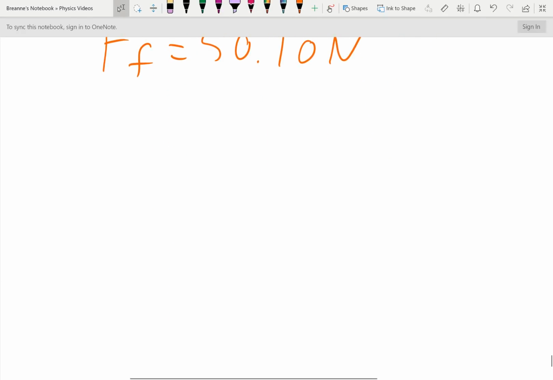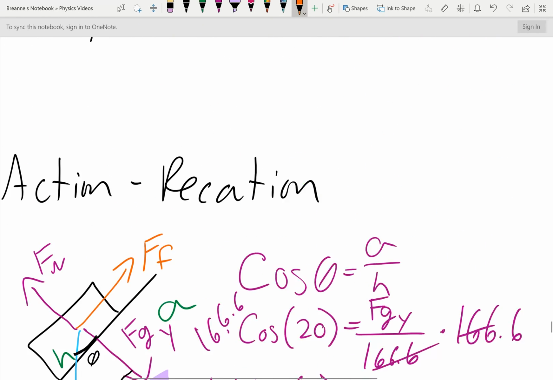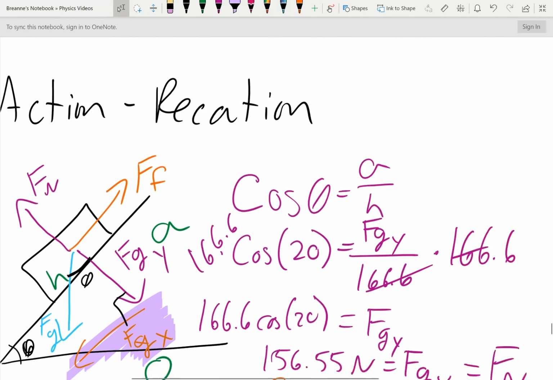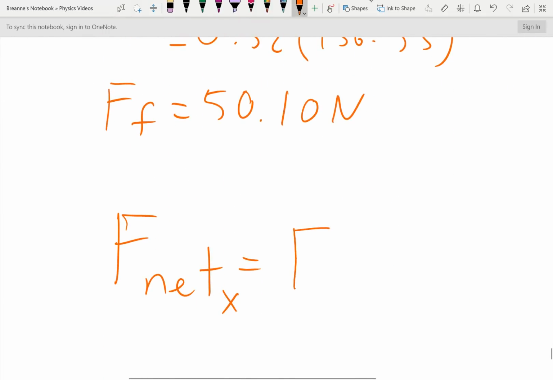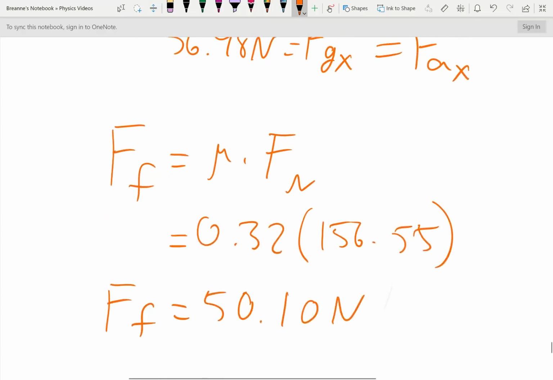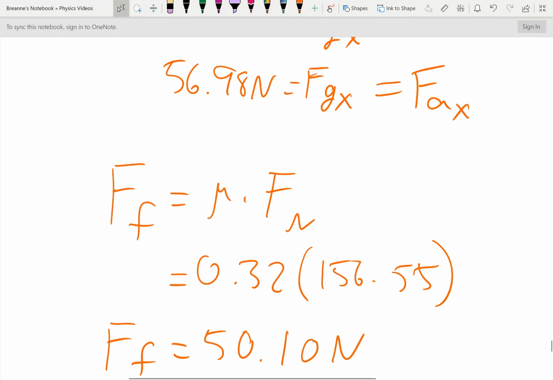Next thing it asks for is your force net. So remember, we want force net in the x direction, because that's the direction it's moving in. So what force is causing it to go down? That is your force applied in the x direction. What's trying to keep it from going down? The force of friction. So your force applied in the x is just your force of gravity in the x.